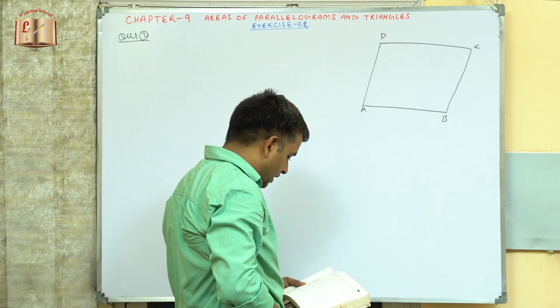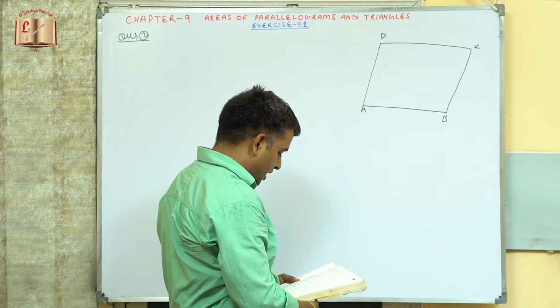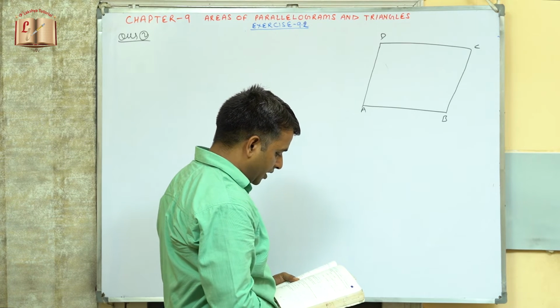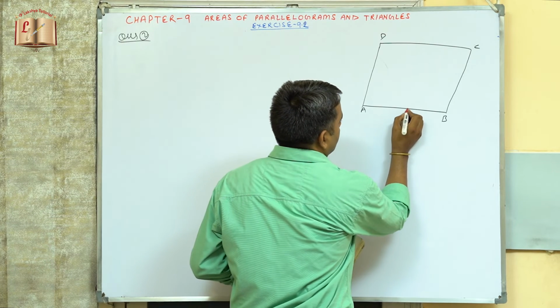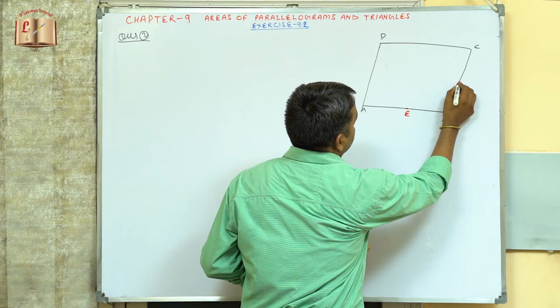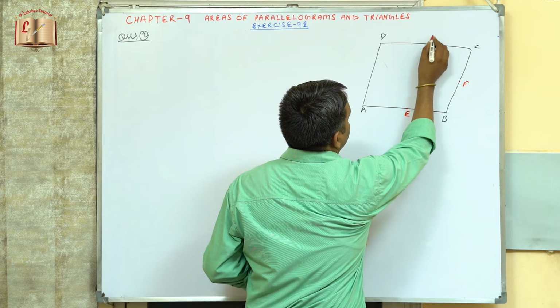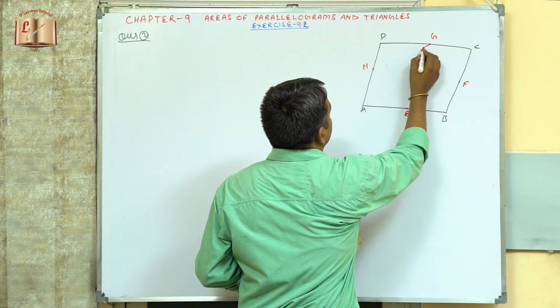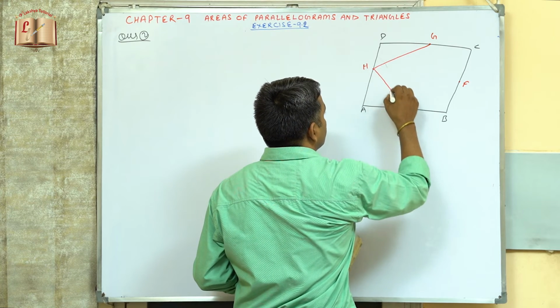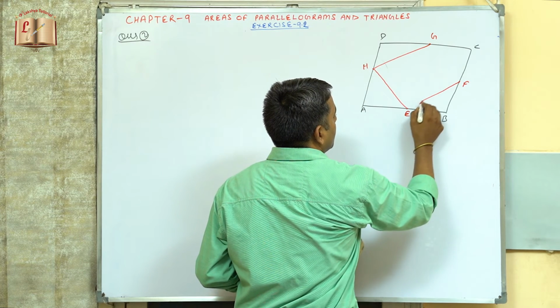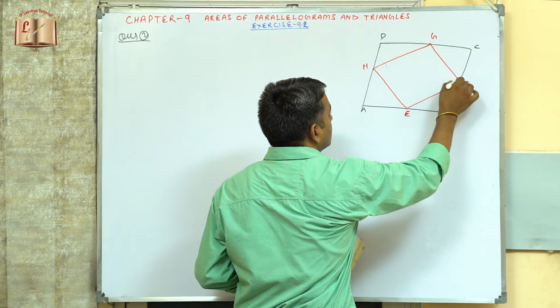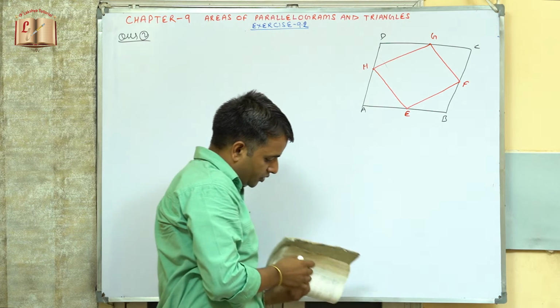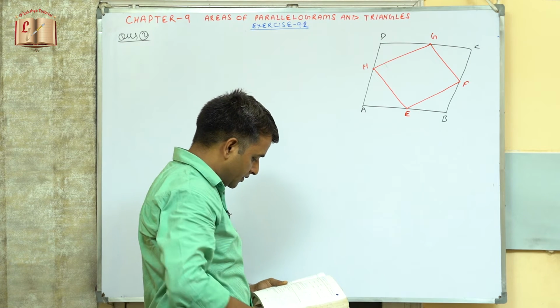Now it is given that E, F, G, H are respectively the midpoints of the sides. So let this be the point E, this is F, this is G and this is H. So these are the midpoints of these sides. We can join these midpoints, so by joining these midpoints we get this figure.